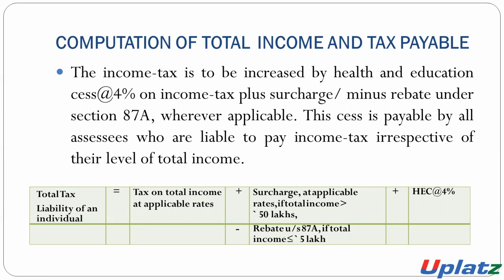And the rebate is available only if the total income of the assessee is up to 5 lakh rupees, and then we will add health and education cess. Health and education cess is 4%. So on the basis of this, we will calculate the total tax liability of the assessee.